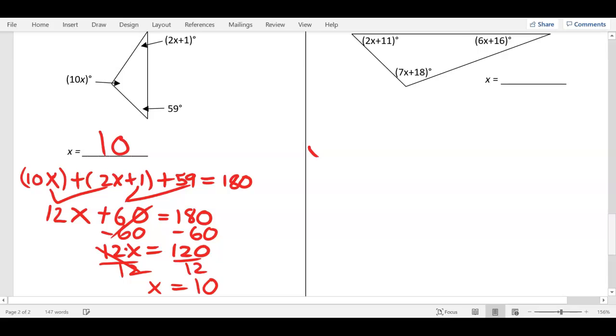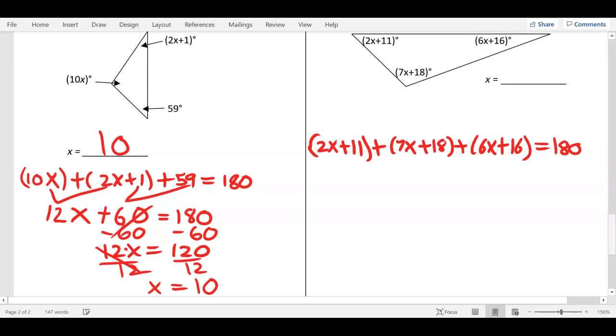So here we go. 2x plus 11 plus 7x plus 18 plus 6x plus 16. Angle plus angle plus angle equals 180.